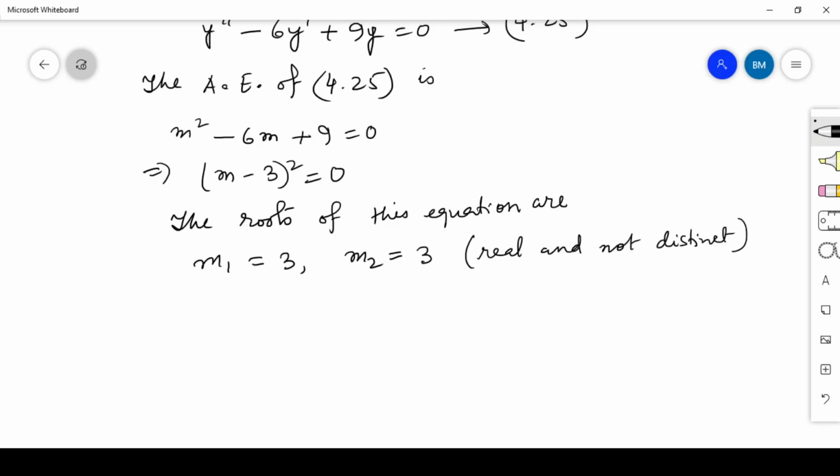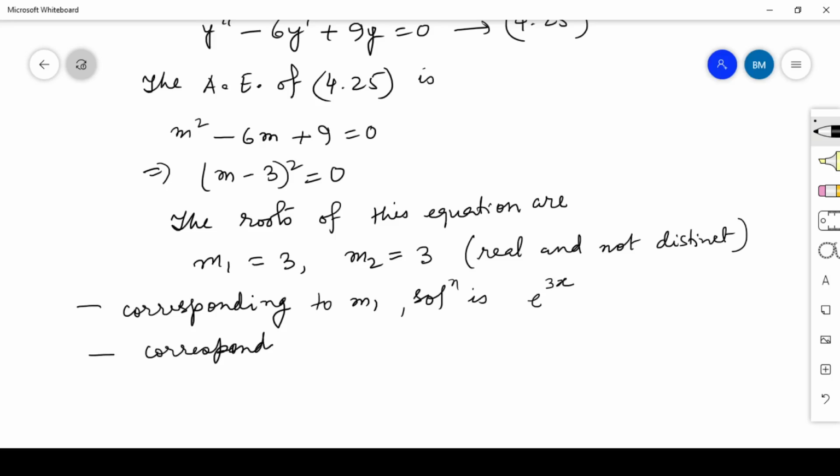Now corresponding to m1, the solution is e to the power m1 x, meaning e to the power 3x, and corresponding to m2, the solution of the equation is e to the power 3x.